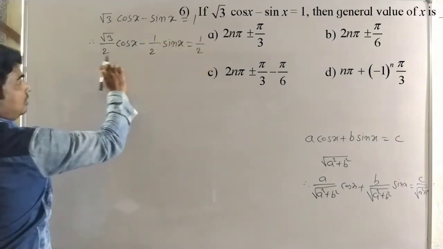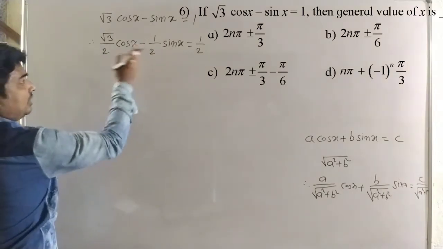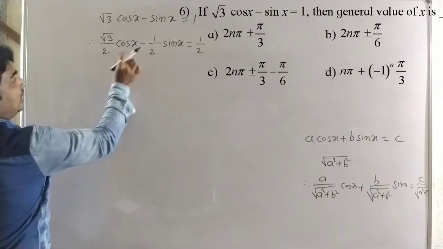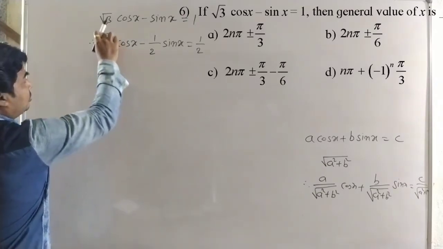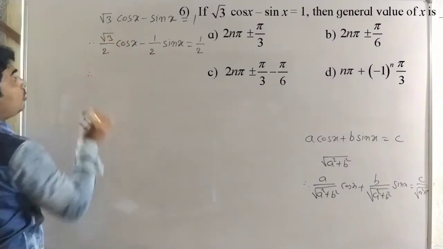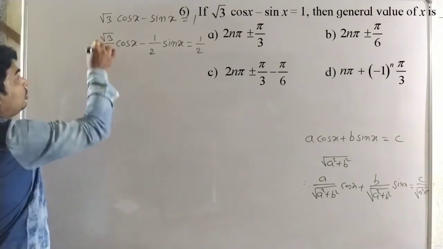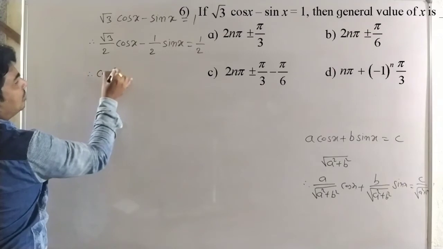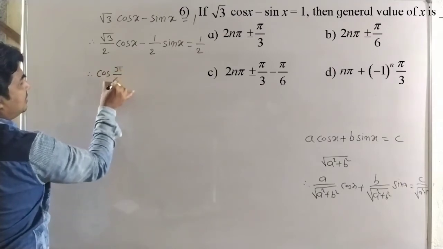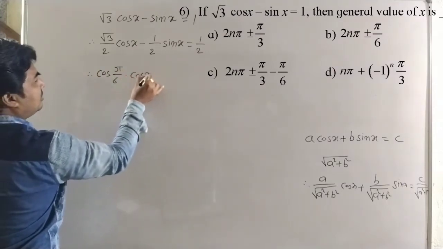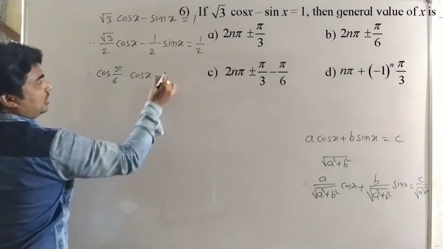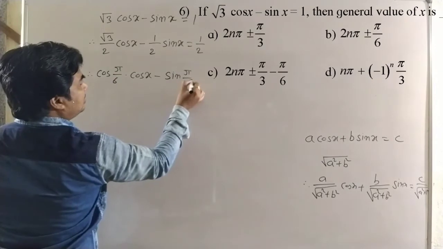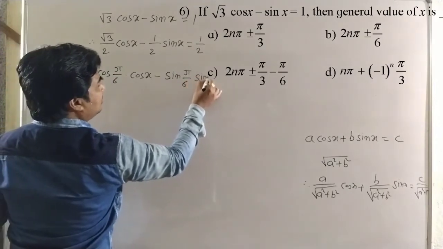Now here we convert this expression in the LHS in terms of sine or cos. Okay, here it is a minus, it is cos, so this root 3 by 2 we write in the form of cos. Okay, root 3 by 2 is cos pi by 6 into cos x. Again 1 by 2 is sine pi by 6, sine pi by 6 into sine x. Okay.